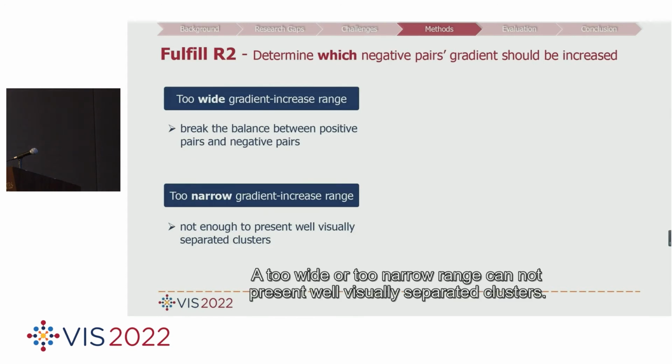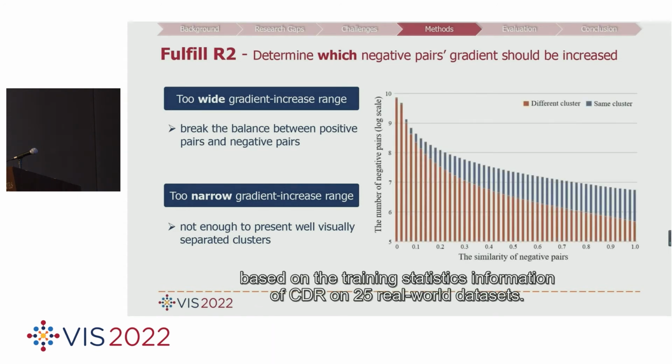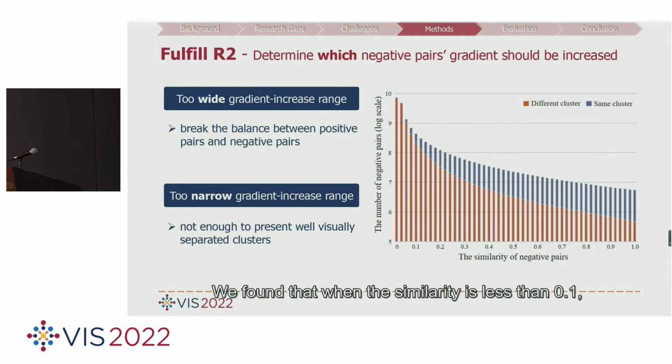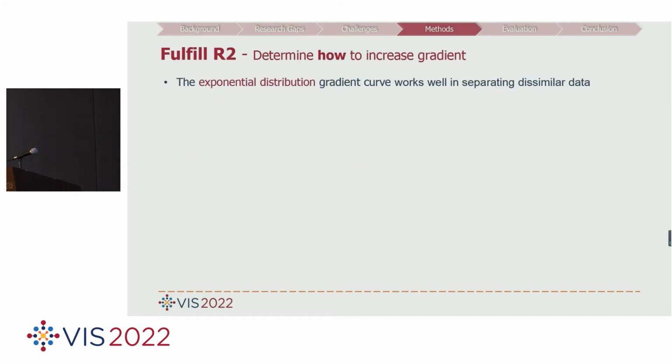A too wide or too narrow range cannot present real visually separated clusters. Therefore, we determine the range based on the training statistics of CDR on 25 real-world datasets. We found that when the similarity is less than 0.1, the negative pairs mainly come from different clusters. The next question is how to increase the gradient.